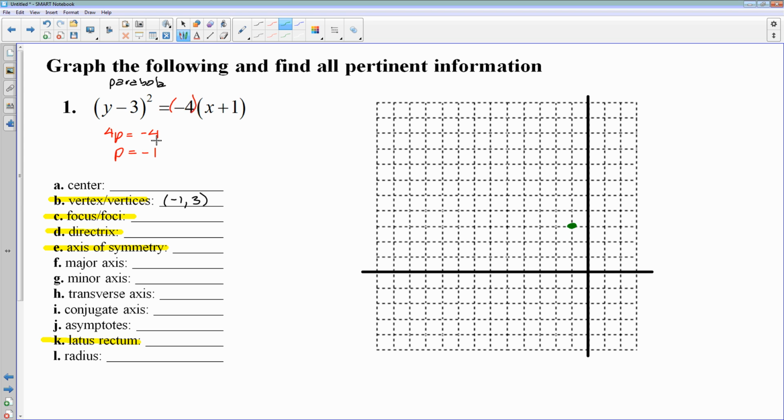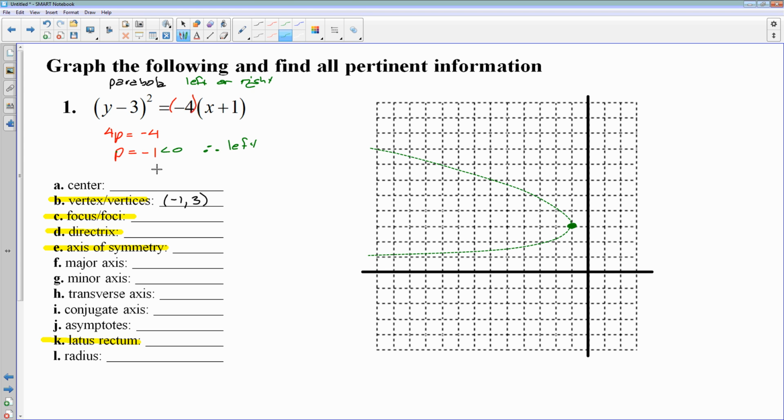And then the next thing, since my y is squared, I know this one's going to open left or right. And since p is a negative number that's less than 0, this one's going to open left. So I know the general shape of this parabola is going to be going this way. Now I'm going to come back and erase that and adjust that later.